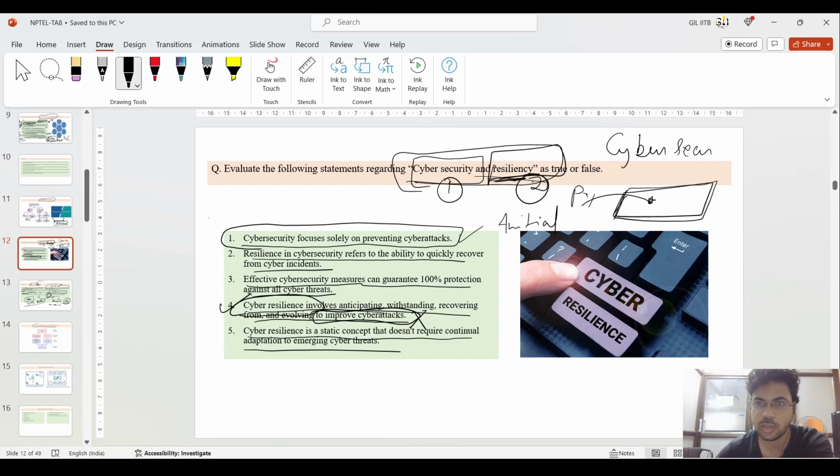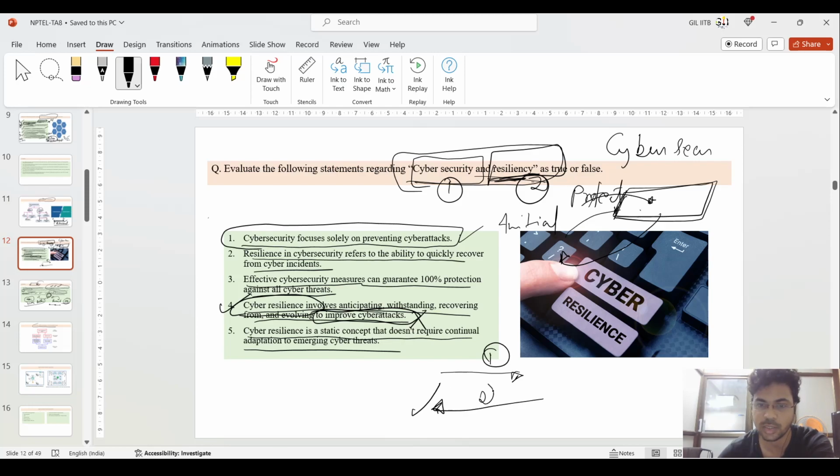And if you see the resiliency part, cyber security is such that it should protect when the attack happens. Resilience is such that it should bring the situation back to before the malware happened.